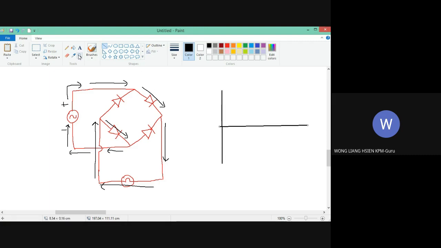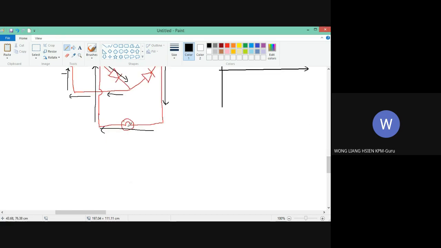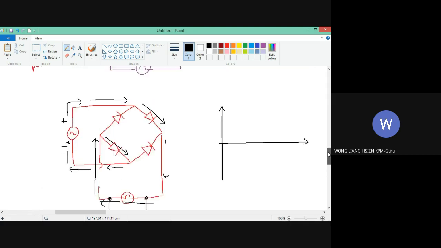Or if we connect here, this point and this point, to a cathode ray oscilloscope, then the cathode ray oscilloscope will show the current that flows like this, same as this graph.